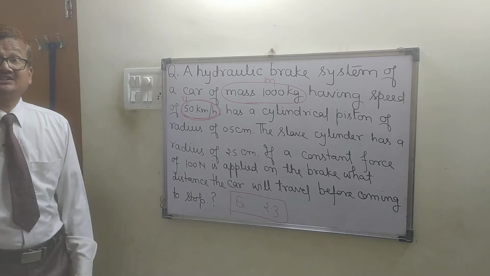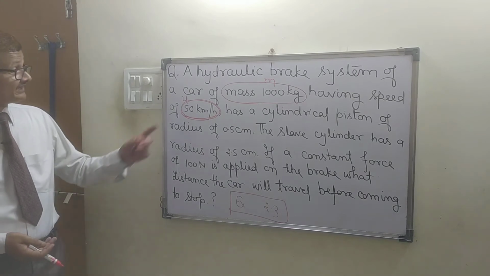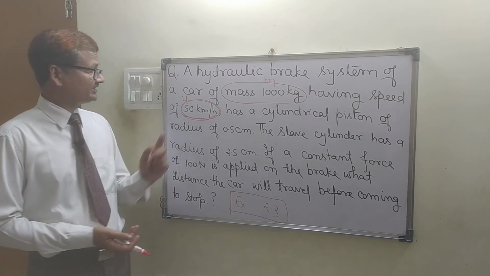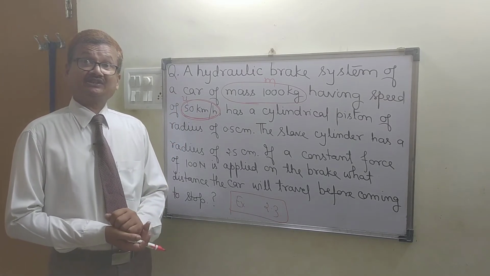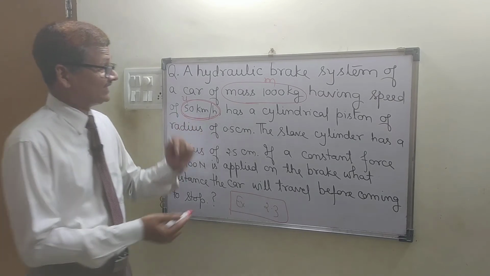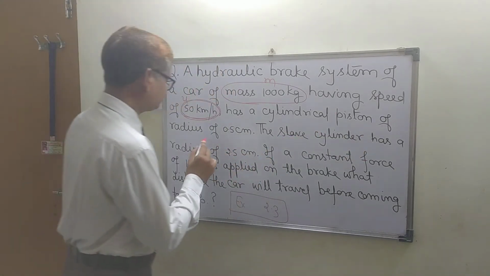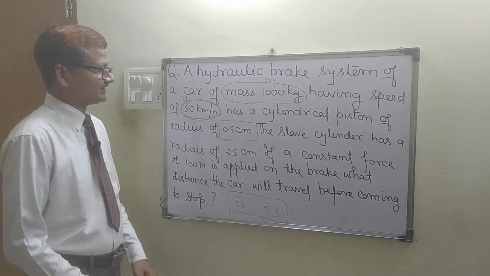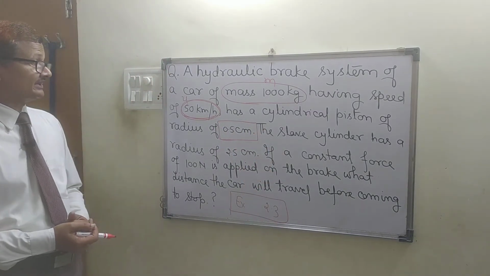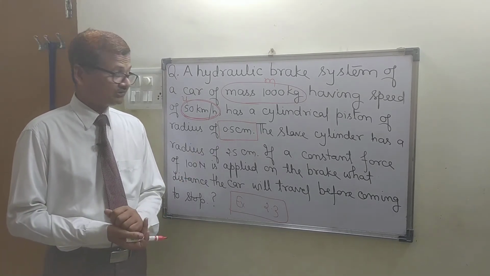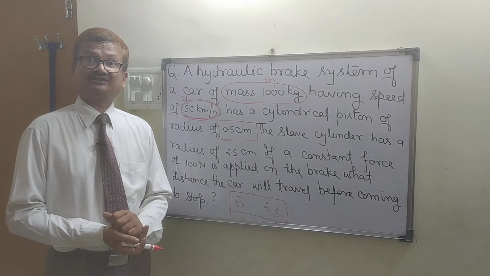When the brakes are applied, this speed is known as the initial speed, that is initial velocity. The symbol of representation of initial velocity is U. Has a cylindrical piston of radius 0.5 सेंटीमीटर. मतलब जिस पर हम ब्रेक अप्लाई कर रहे हैं उस पिस्टन का रेडियस है 0.5 सेंटीमीटर. So this piston is the master piston.